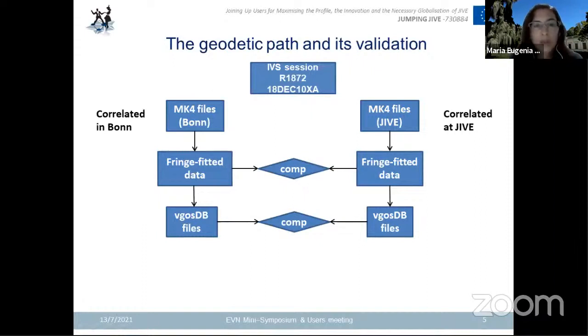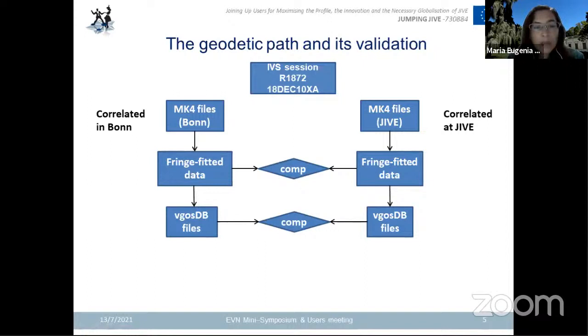Okay, we took an IVS session, R1 H72, R1 because it was devoted to the determination of Earth orientation parameters. It took place in December 2018, and it was originally correlated in Bonn.